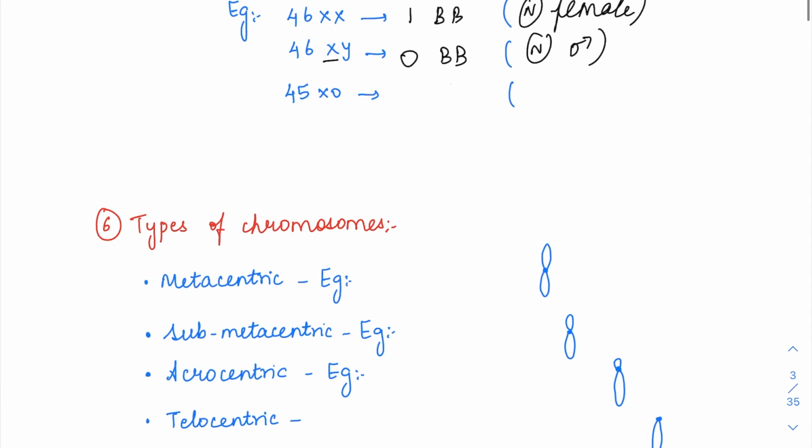And in Turner syndrome, we know it is represented as 45X. So here again there is only 1 X, so the number of Barr bodies will again be 0. Okay, understood the concept of Barr bodies now.